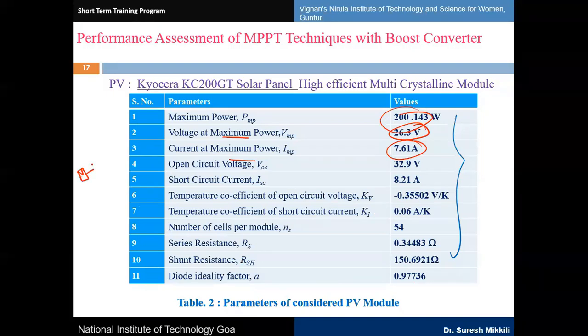Now this is the PV panel, DC-DC converter, and here MPP. So here I am getting 26 volts, 7.6 amperes. These two are input values. Now how much DC output voltage and DC output current we will get, we need to consider. That one we will see.